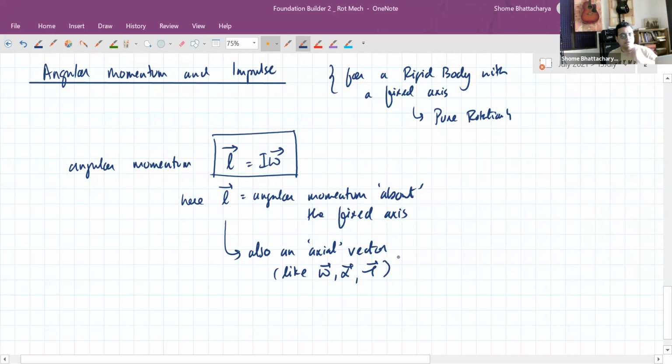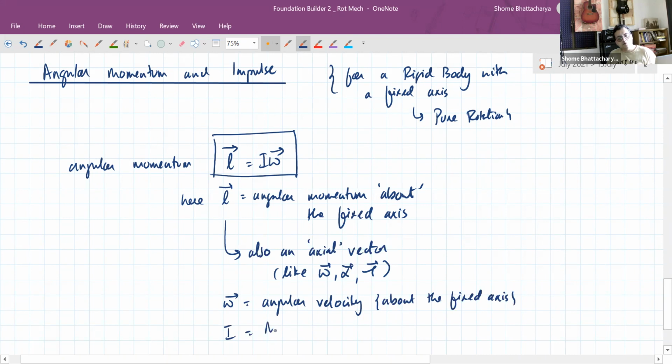The direction of the axis, according to the right-hand system, is the direction of the vector, and omega is the angular velocity, again about the fixed axis. And of course, I is the moment of inertia, again about that same fixed axis. So when we define L is equal to I omega, all the quantities L, I and omega are about the same fixed axis, because the whole body is in pure rotation about the same fixed axis.